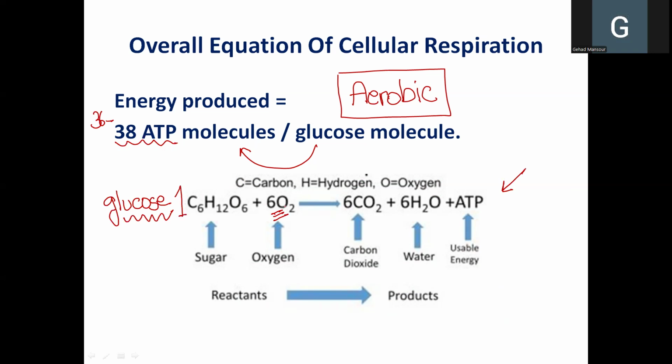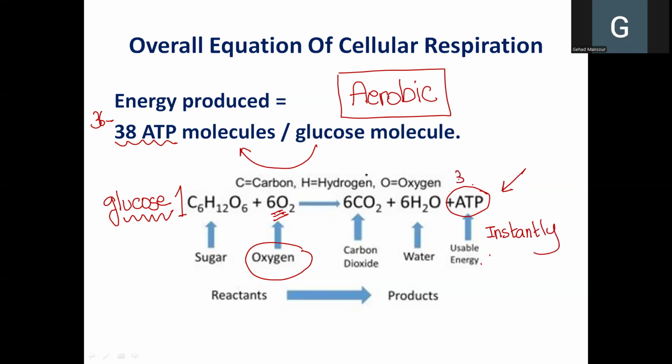So one glucose molecule in the presence of 6 oxygen molecules, and therefore under aerobic conditions, will result in the formation of usable energy, which is ATP. That is instantly usable energy.